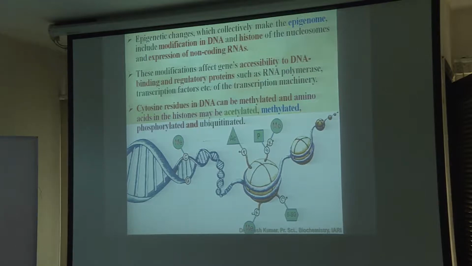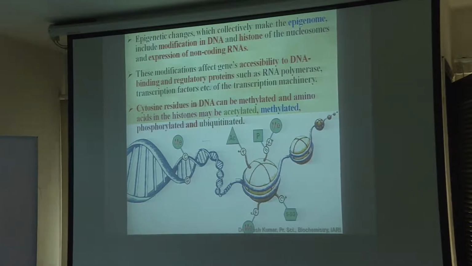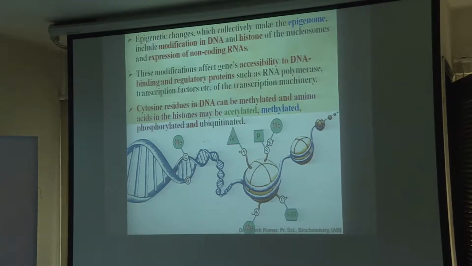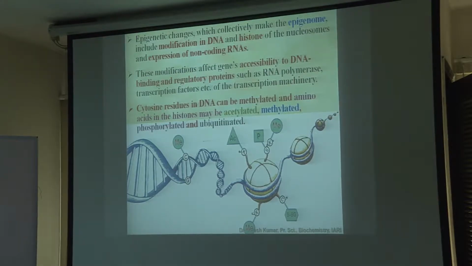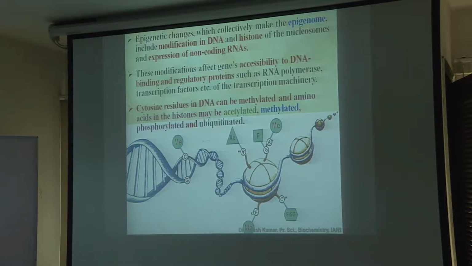Okay. So, the histone is made of protein, and protein is made of different amino acids, and you know there are 20 different amino acids. So, those amino acids can get modified. Say for example, you must be knowing lysine is one of the amino acids. So, lysine may get methylated or it may get acetylated. Okay.